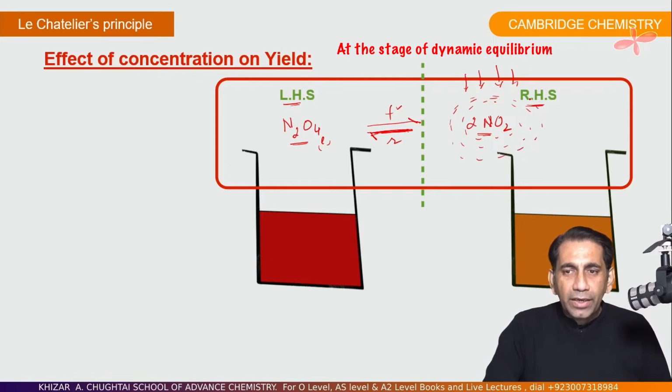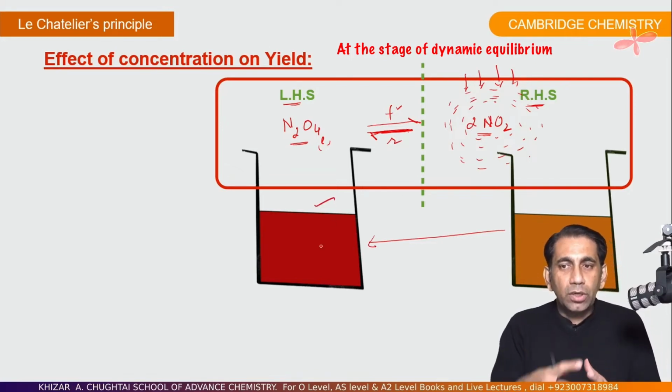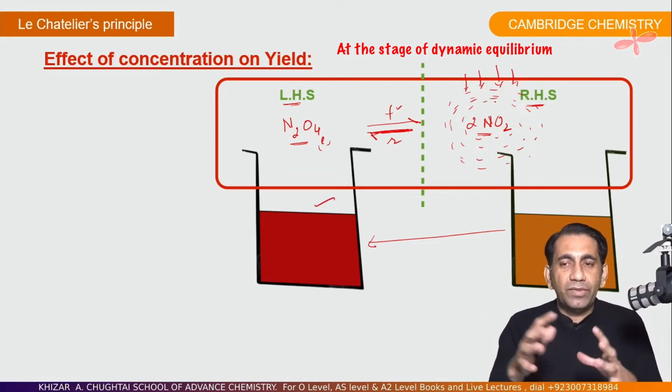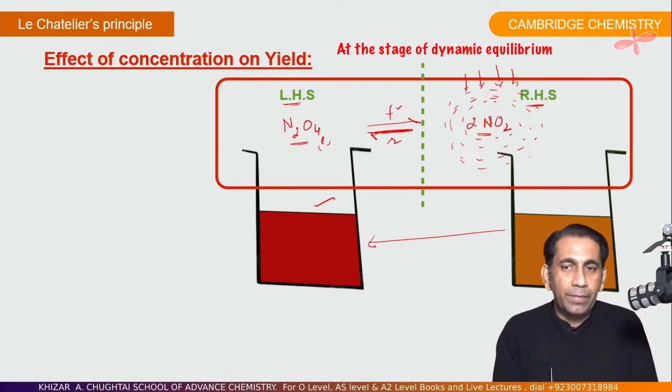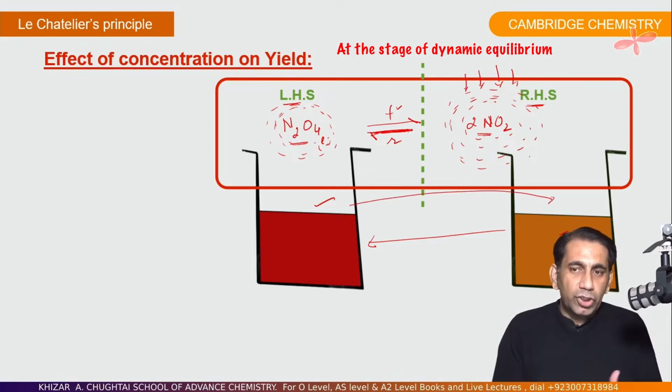If I'm injecting more nitrogen dioxide into this sealed container, the color of this whole system, this whole closed container, will become deeper, more reddish. And reversibly speaking, if I add more N2O4 liquid into that container, then obviously the color of this whole container will look brownish.